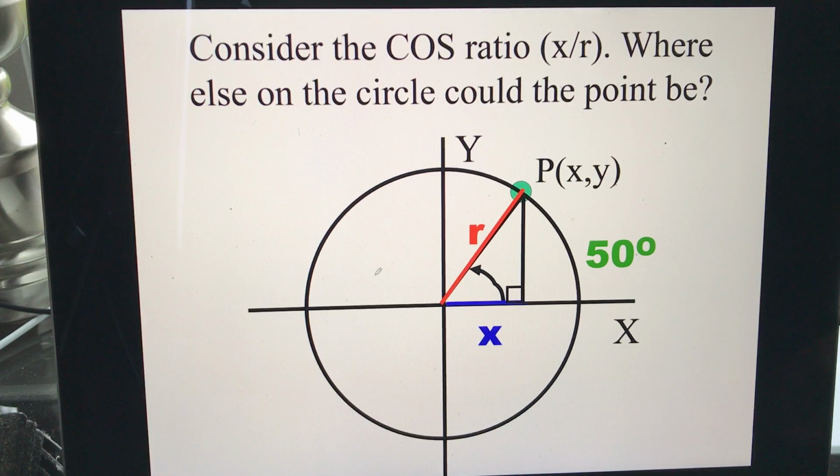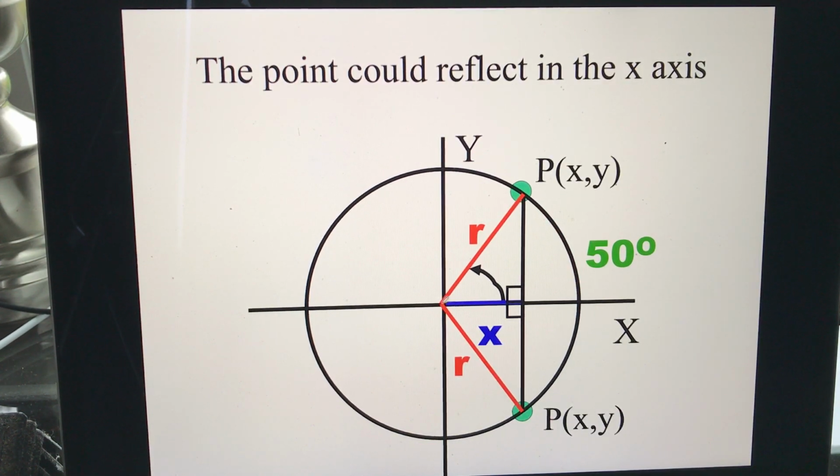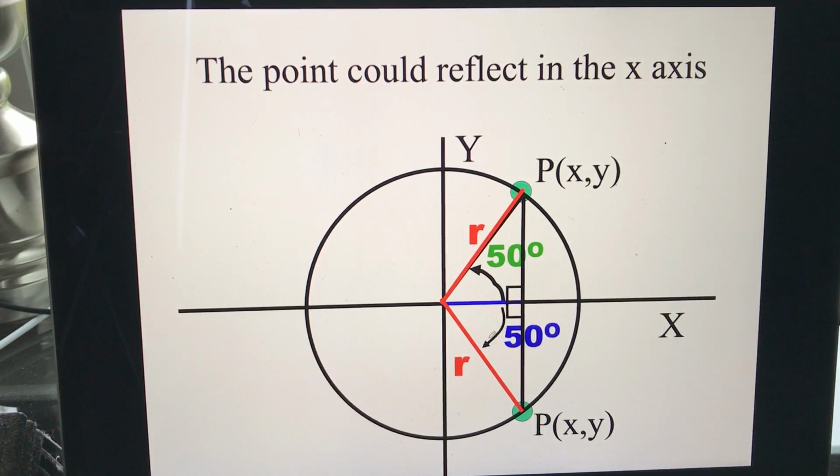Okay, what about the cosine ratio? If I have this triangle, cosine is adjacent over hypotenuse, x over r. Is there somewhere else that uses the same x and the same r? That would be down here at the bottom. I can have my positive x and my r to there, or my positive x and my r to there. So the question is, what angle is that? Well, if I'm 50 degrees up, I would be 50 degrees down.